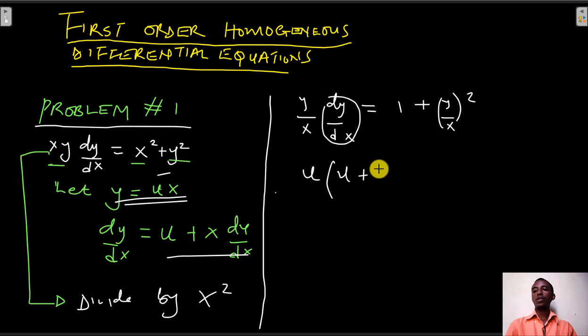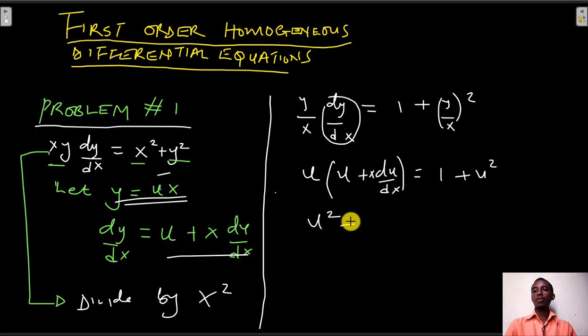That's u times (u plus x du/dx) equals 1 plus u squared. Okay, so I have changed the variable completely from y to u, and now I have a differential equation in u, and perhaps this is easier to solve. Let's see.